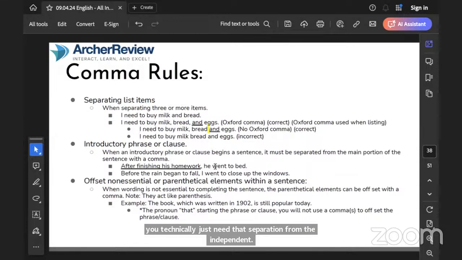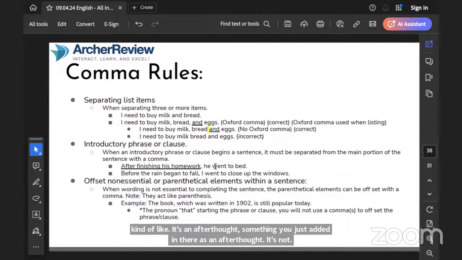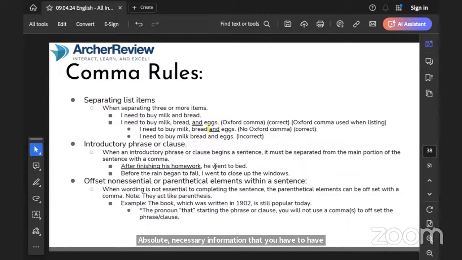All right. And then if you have what we call non-essential or parenthetical elements within a sentence, it's kind of like an afterthought, something you just added in there as an afterthought. It's not absolutely necessary information that you have to have for the sentence to be complete. And it's technically like a dependent clause in the middle of an independent clause.